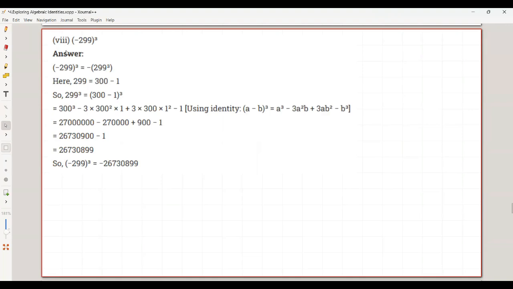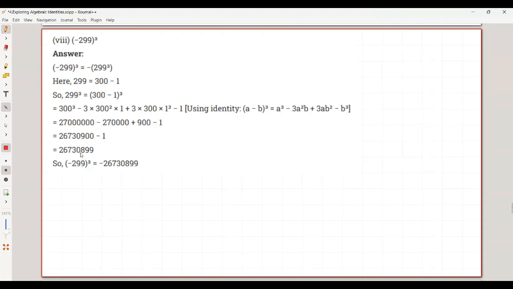Okay, 299 we can write it as 300 minus 1, the whole cube. So we can use the formula a cube minus 3a square b plus 3ab square minus b cube. Use the formula, expand, simplify.